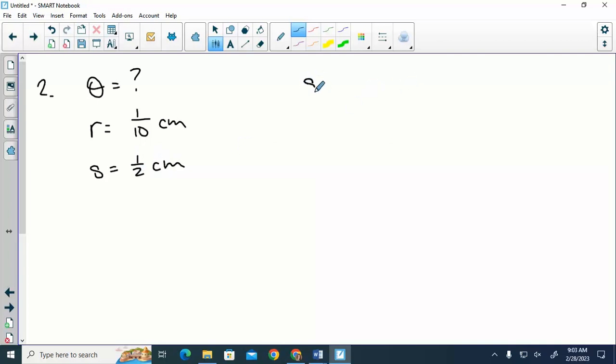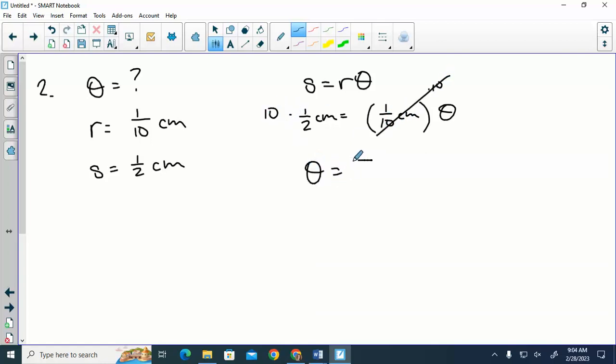So we could do S equals R theta. So S is 1/2 centimeter equals 1/10 times theta. So you can divide by the 1/10 or multiply by 10, either way. The centimeters drop and you just get 5.